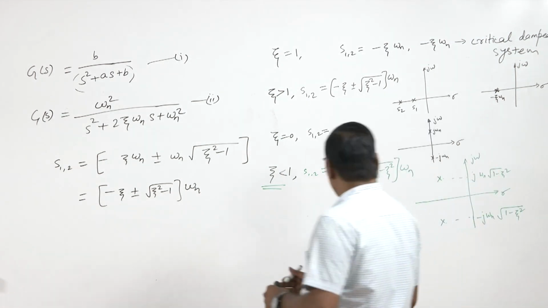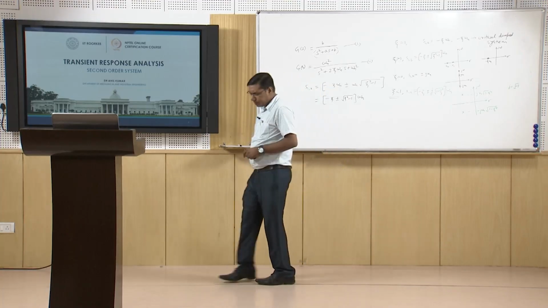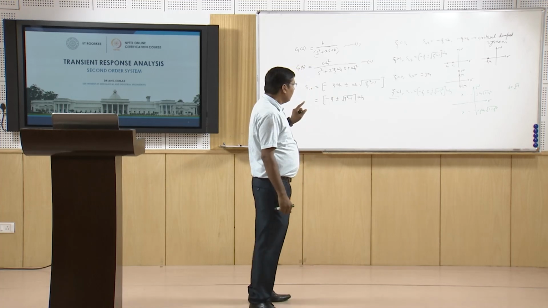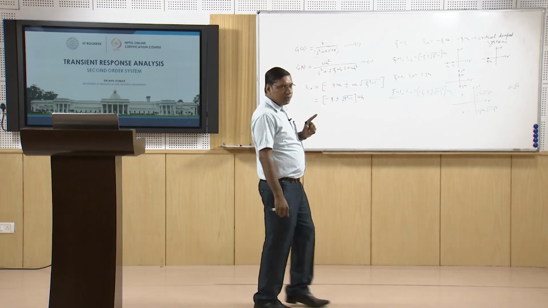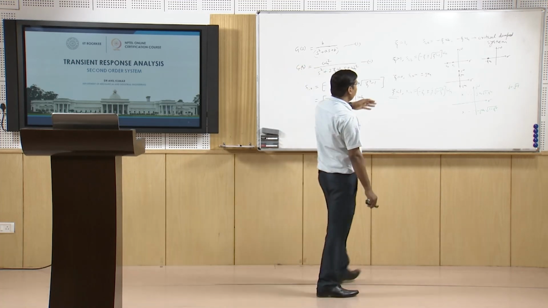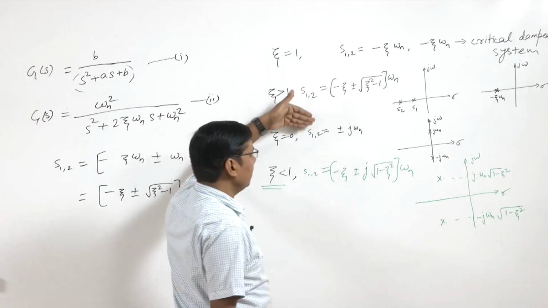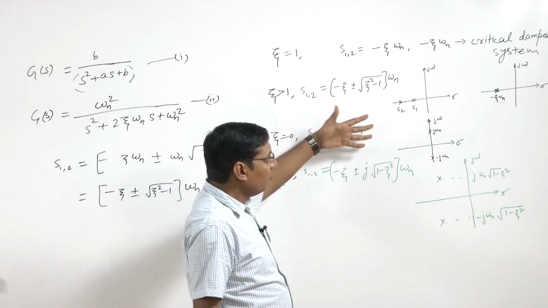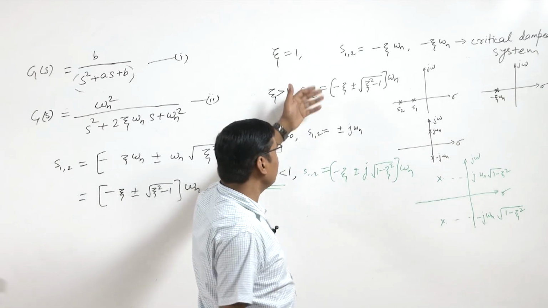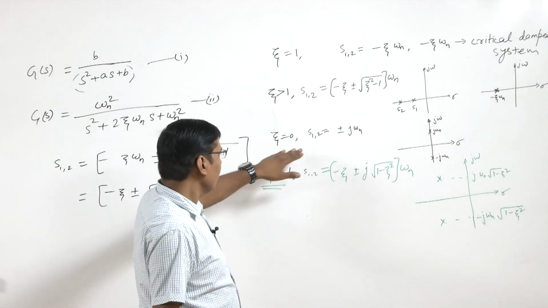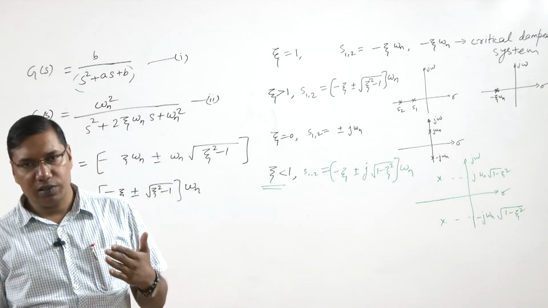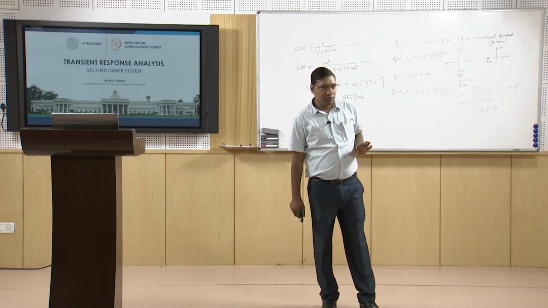So we have represented the 4 conditions of damping, which give the 4 different conditions of the roots, and we know that with these 4 conditions of roots, whether real and distinct, equal, imaginary or complex, the response of the second order system varies.